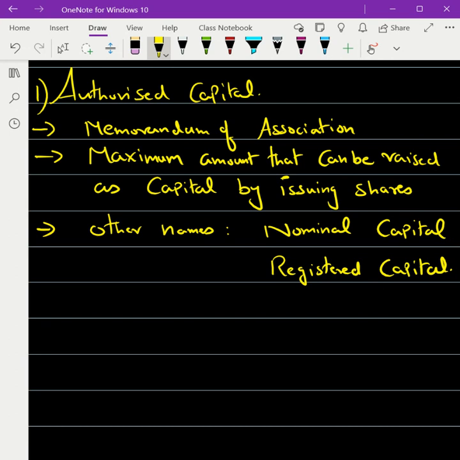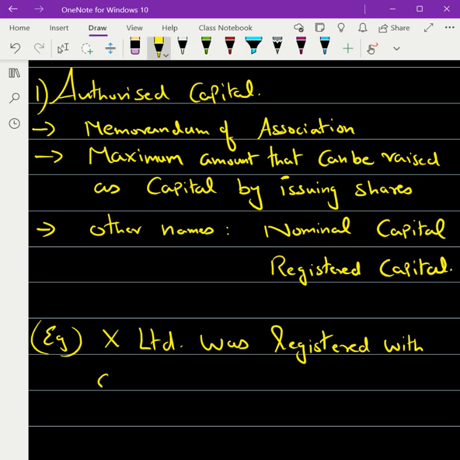Now let me give you an example. There is a company, X Limited, registered with an authorized capital of rupees 10 lakhs.